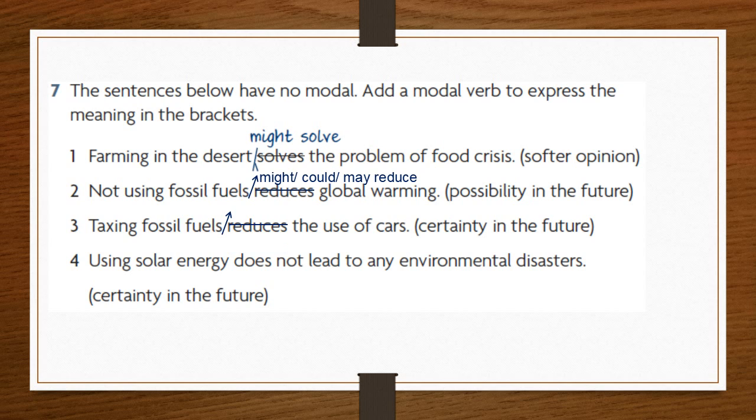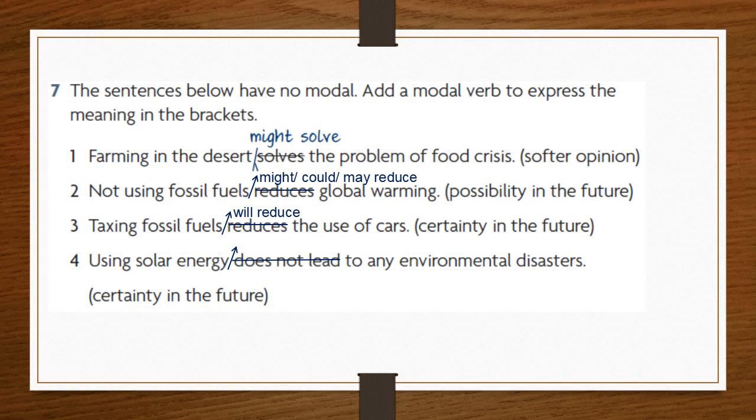Number 3. Taxing fossil fuels reduces the use of cars. Please express certainty. Taxing fossil fuels will reduce the use of cars. That's certainty. Number 4. Using solar energy does not lead to any environmental disasters. Please express certainty.